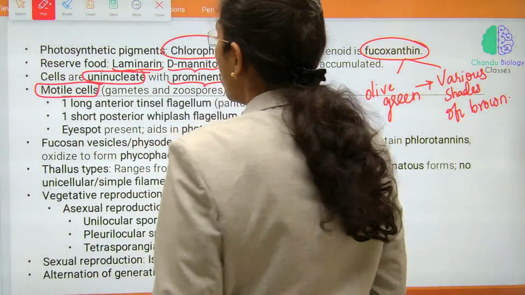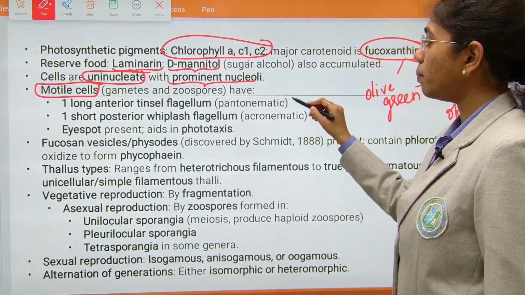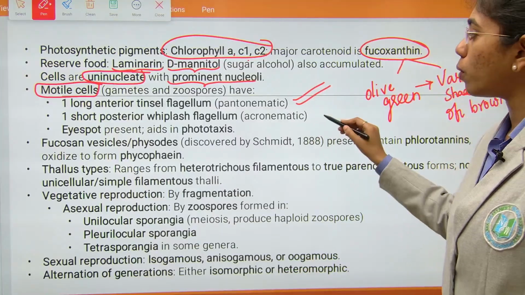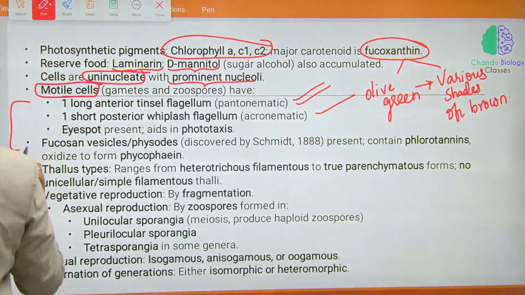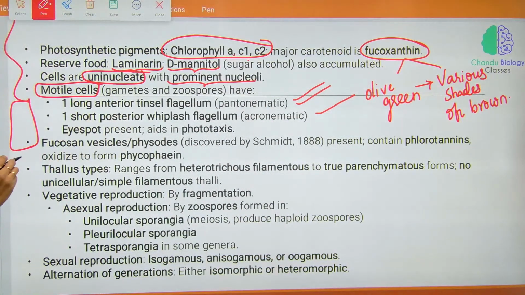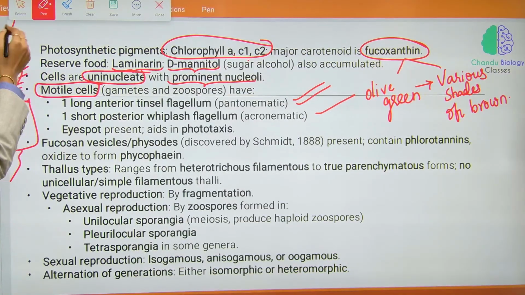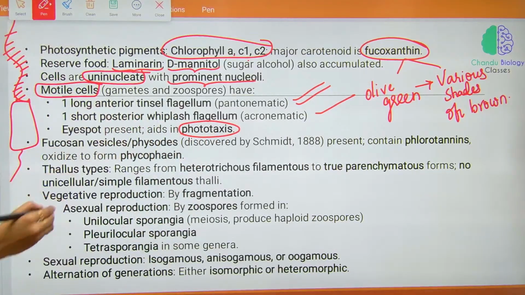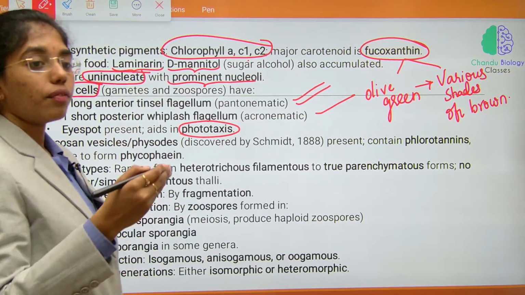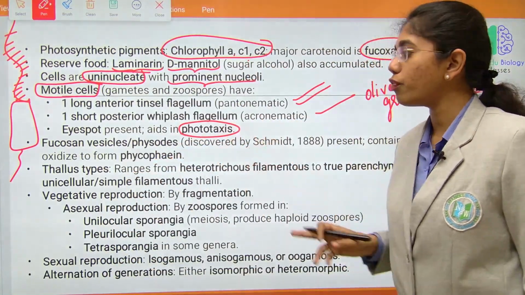They have one long anterior tinsel flagellum with hair-like mastigonemes over it, and a short posterior whiplash flagellum, and there is an eye spot present. This will aid in phototaxis. What is phototaxis? Movement with respect to light.